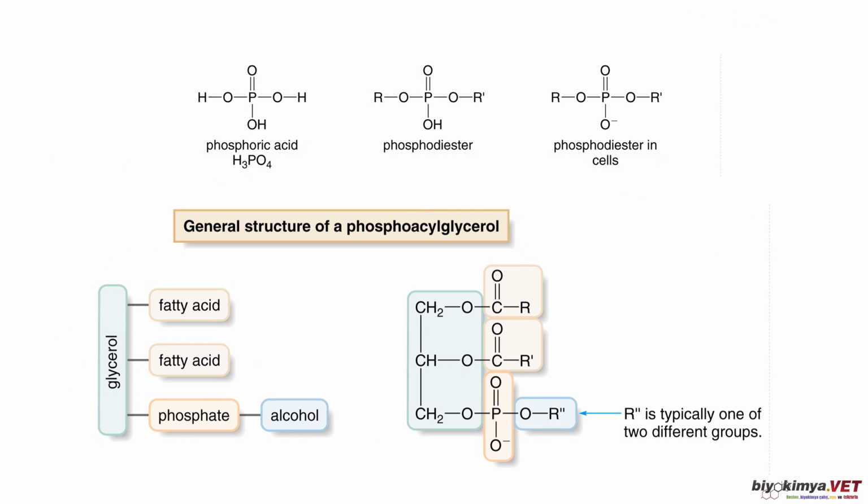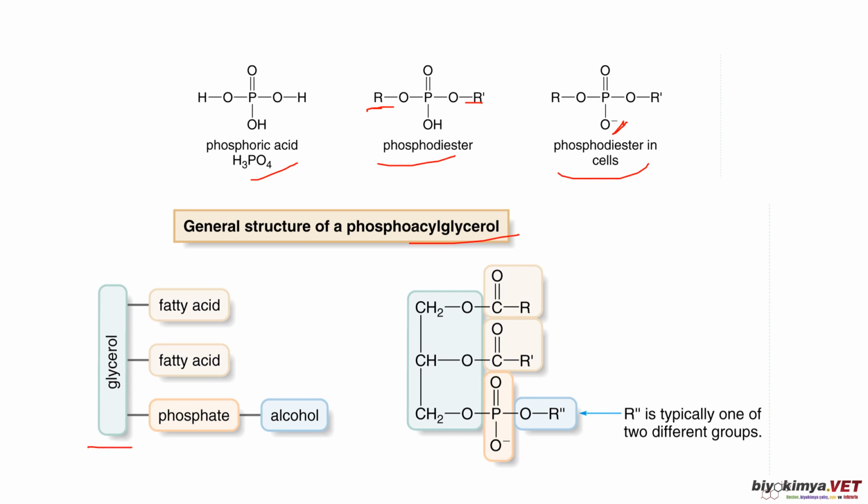And here is the pattern of a phosphoglyceride or phosphatidylglycerol or glycerophospholipid, with the phosphoric acid and phosphodiester bond having two R's. And this is the pattern in the cells, with donated hydrogen, here's an ionic state.